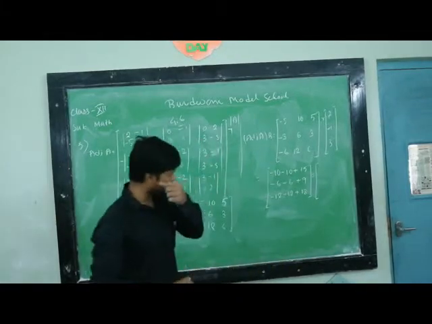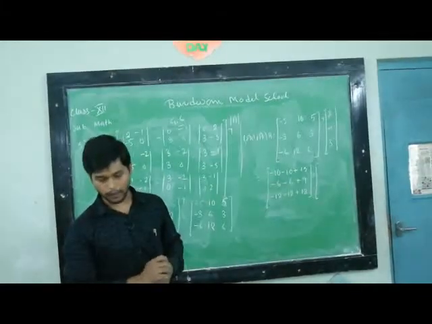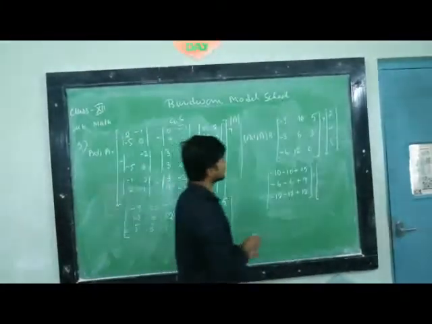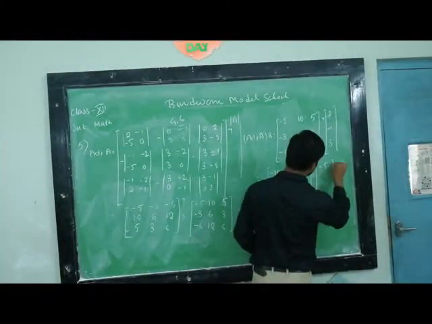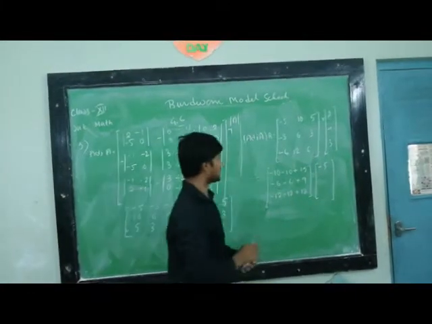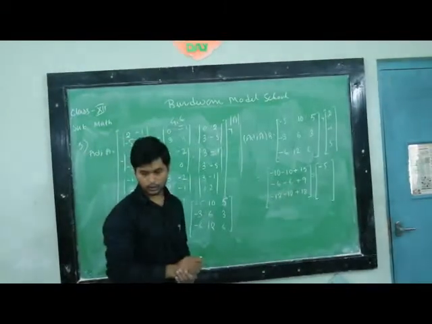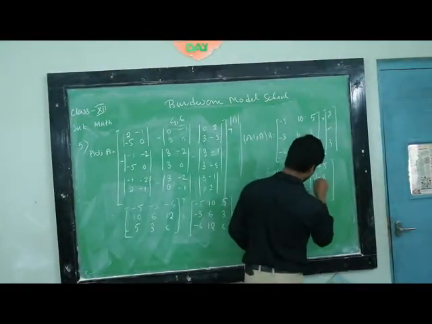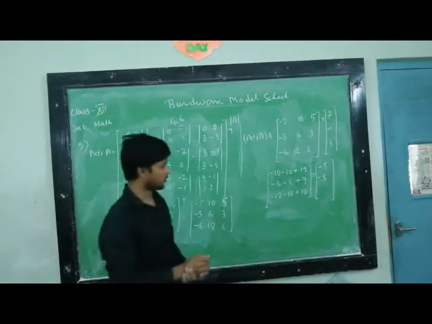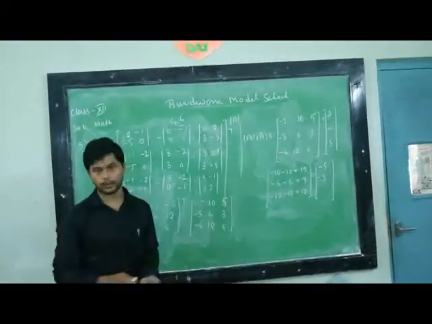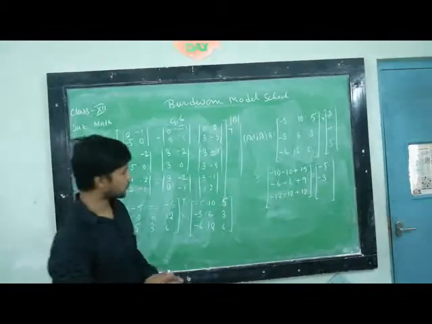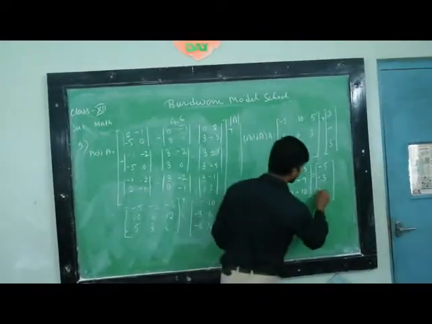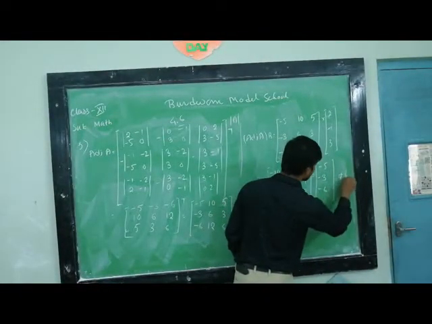So this is minus 10, minus 10, minus 20, minus 20 plus 15, that is equal to minus 5. This one is 6 and 6, that is equal to 12, and 12 minus 12 plus 9 is equal to minus 3. And third is minus 12, minus 12, minus 24, minus 24 plus 18, that is equal to minus 6, which is not equal to 0.